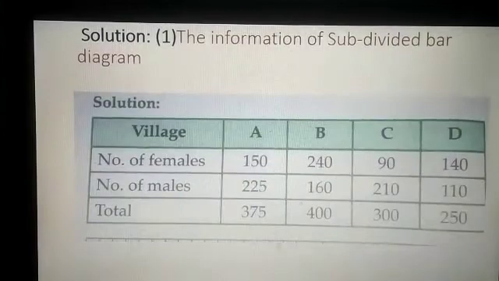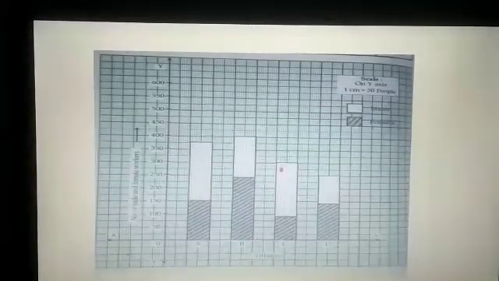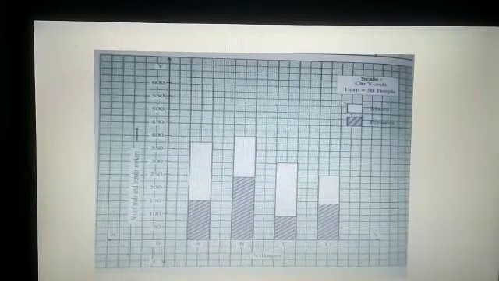Now in village C, let's see, in village C total is 300 and number of female workers are 90. So here we have drawn a margin of 300 and number of female workers are 90. So 90 will come in between 100 and 50.